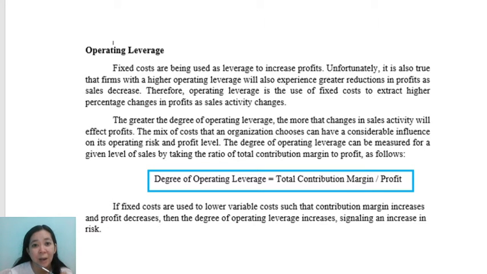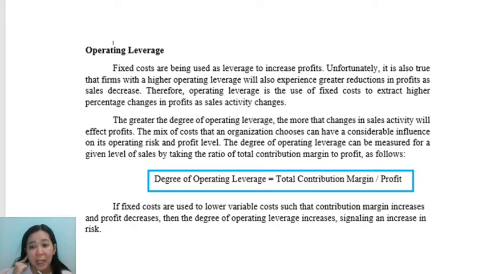So in terms of operating leverage in a business organization context, we will use the fixed cost as our leverage to increase the profits.